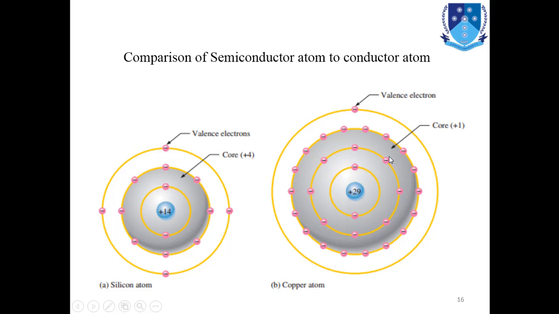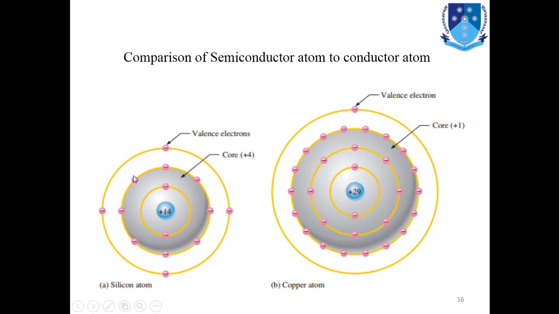Remember that the core of the copper atom has a charge of plus 1. So if we need to make this valence electron a free electron, we don't need to apply any sort of energy for freeing the valence electron.